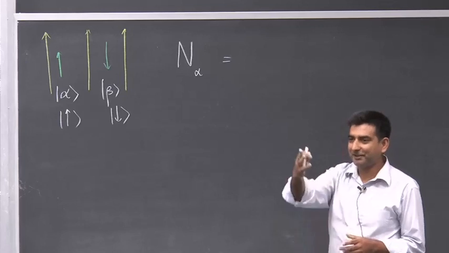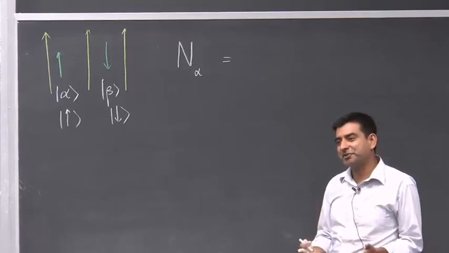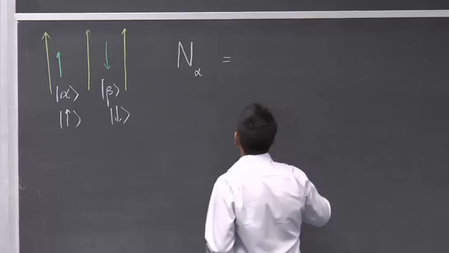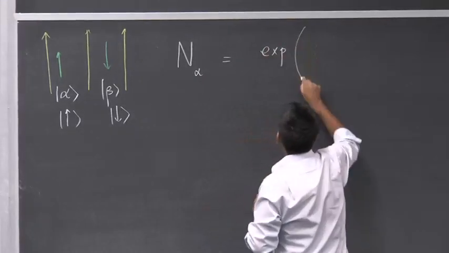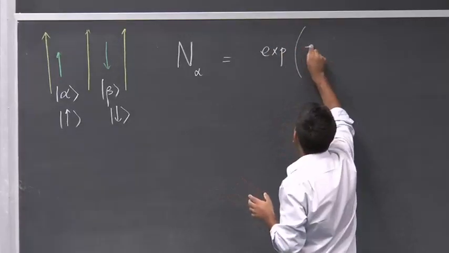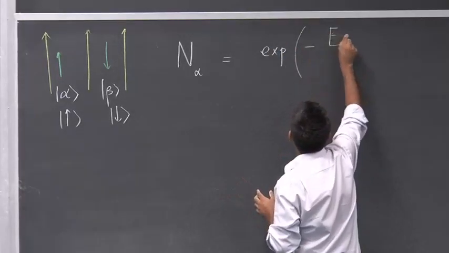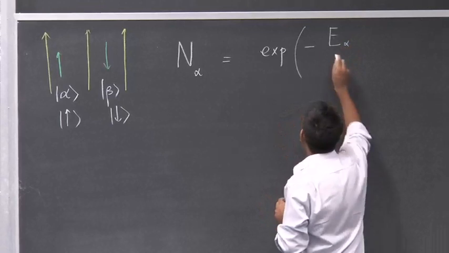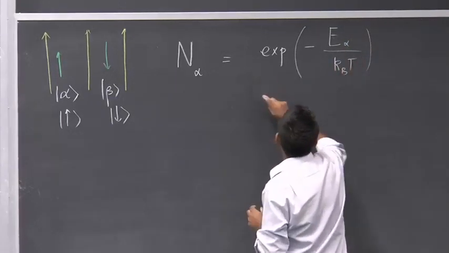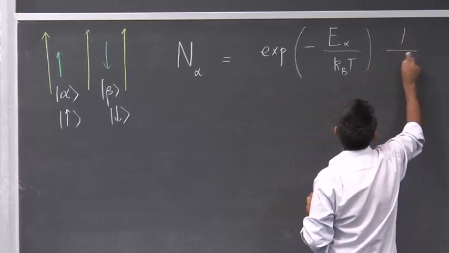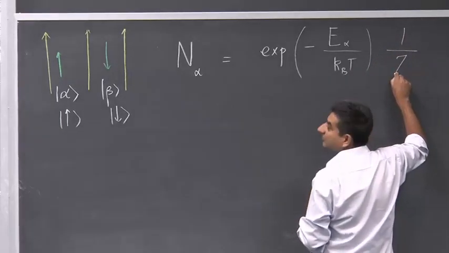Yes, it's the Boltzmann relationship. The Boltzmann relationship tells that the fraction of spins in the state alpha is given by the exponent of the negative of the energy of the alpha state divided by kBT, where kB is the Boltzmann constant. And for normalization, you have to divide all of this by what?